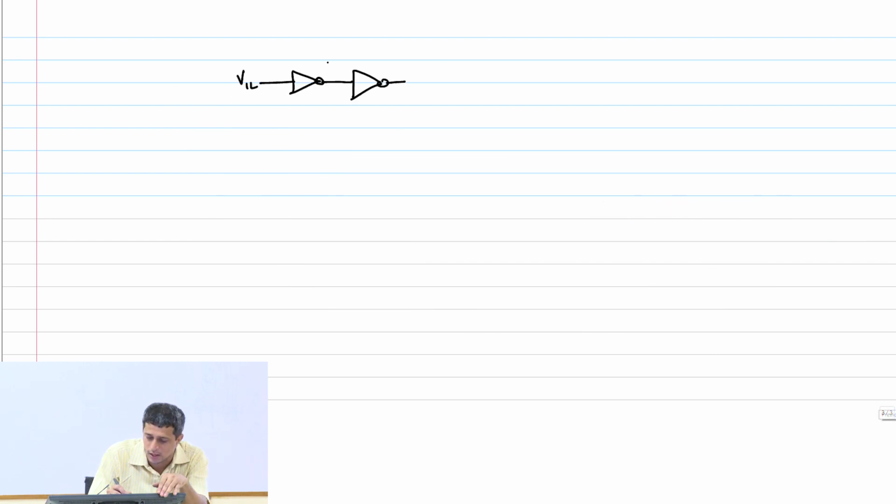Therefore, this has to be VOH, right? Now, I want this output to be recognized as a logic high. What is the condition on the second inverter? This is I1, I2. What is the condition on the second inverter for this VOH to be recognized as a logic high? Correct. VOH should be greater than VIH.